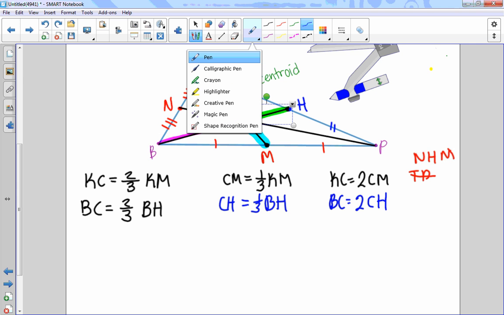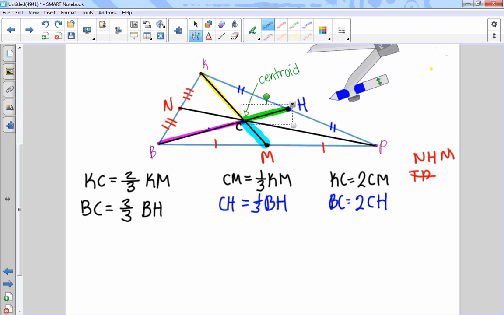I'll do this in crayon. This long one, from P to C. PC is again 2/3 of which segment? What's the full length? What was it, honey? NP, good.